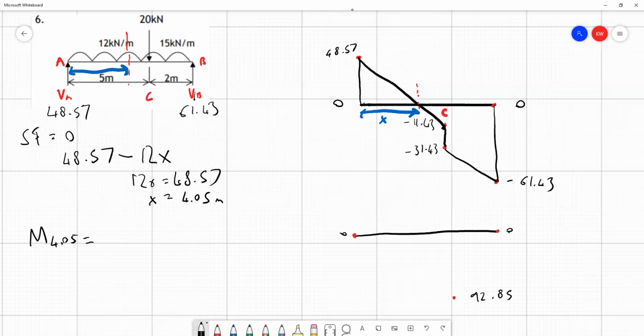So at the left-hand side, we'll have our 48.57 kilonewton force. And because, of course, we're measuring from that point, that's 4.05 meters away from the line we've drawn. And then the moment acting in the counterclockwise direction is going to be due to the UDL of 12 kilonewtons per meter. So as before, it's minus 12.